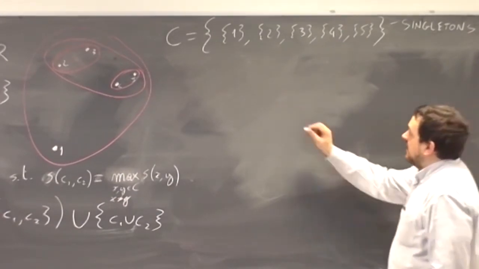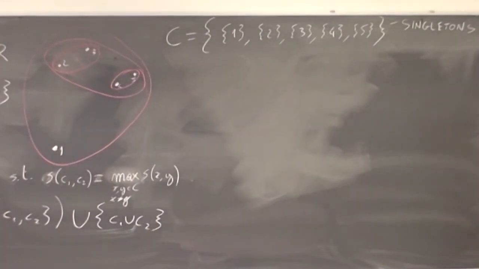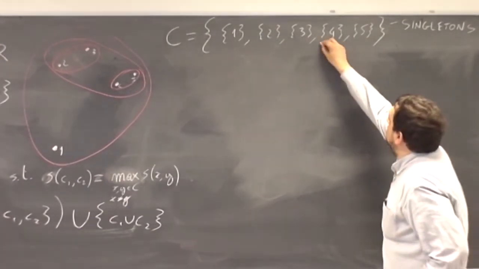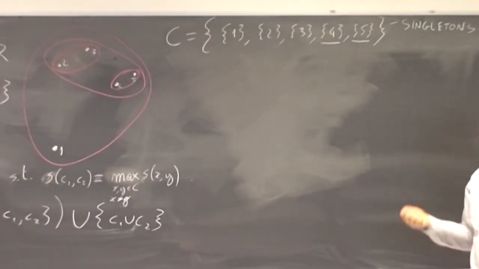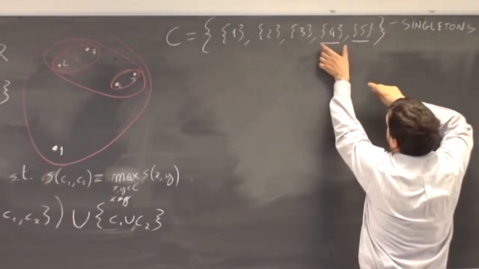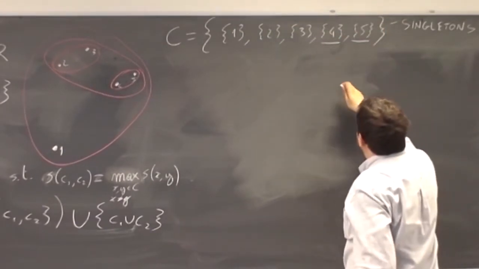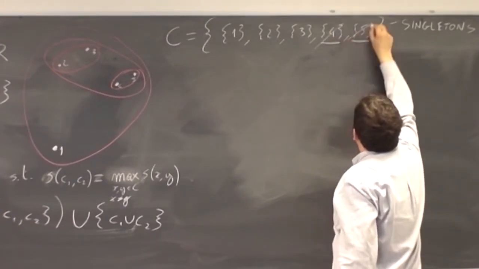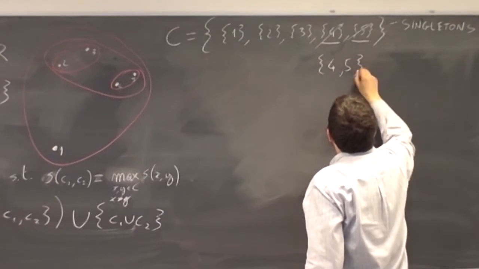We identify the two elements of C that are closer to each other, in this case 4 and 5, so the two most similar. We remove the sets, the items 4 and 5 from C, and we add their union.